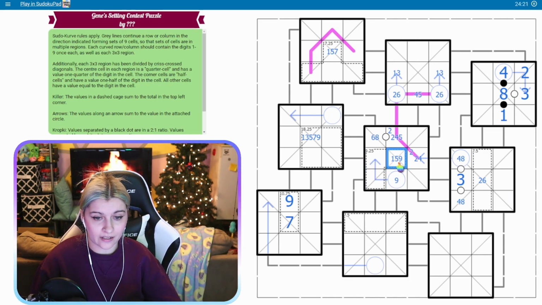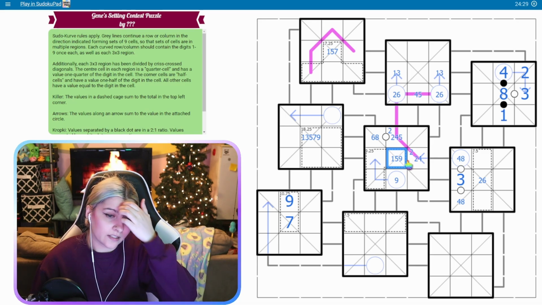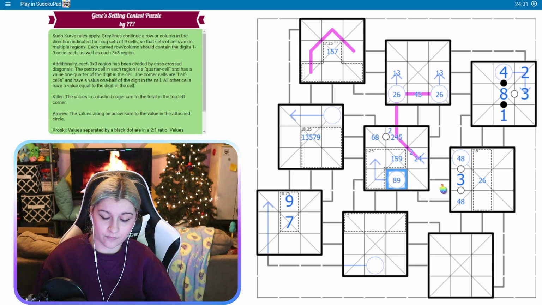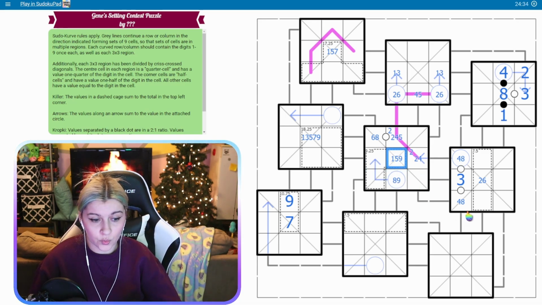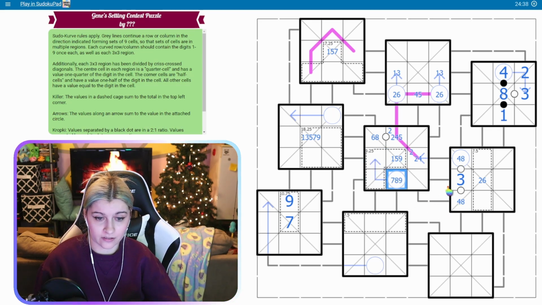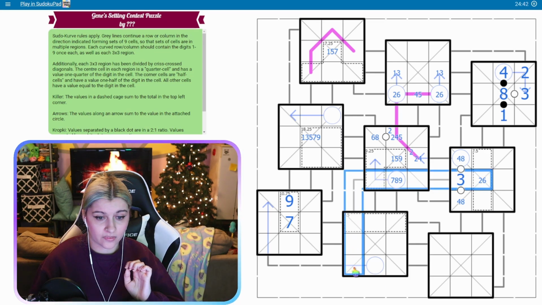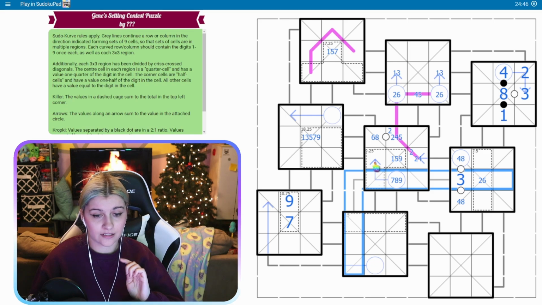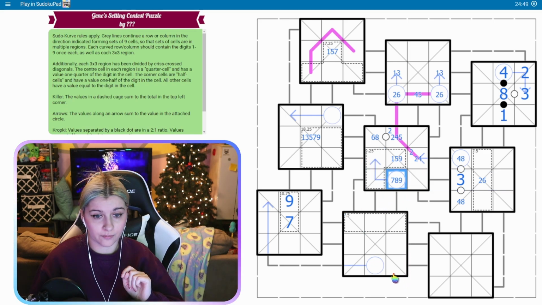If this is a 5, quartered is, oh, did I take out the right numbers? It's 1.25. I did. So this would have to sum to 8. If this is a 9, that's 2.25. Which would mean this has to sum to 7. Oh, that's nice. Okay. That makes sense. I knew there was something there. That's geometry, I think. Okay.